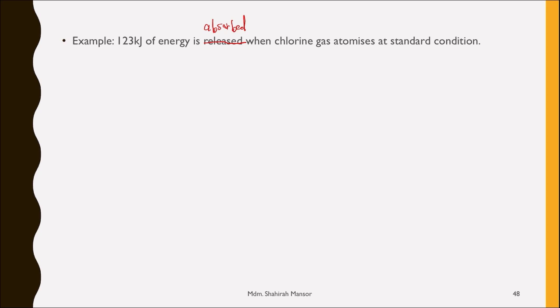Chlorine gas exists in nature in the form of Cl2 gas. Atomized means that this Cl2 gas, a molecule, will break its covalent bonding to form gaseous atoms.